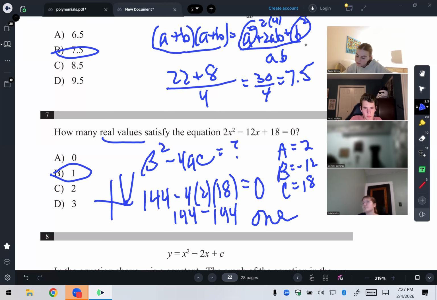Everybody good with one solution? And you could put it in Desmos and see it only cross at one point, right, Jim?